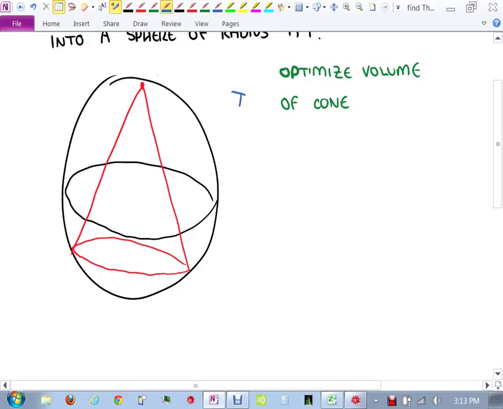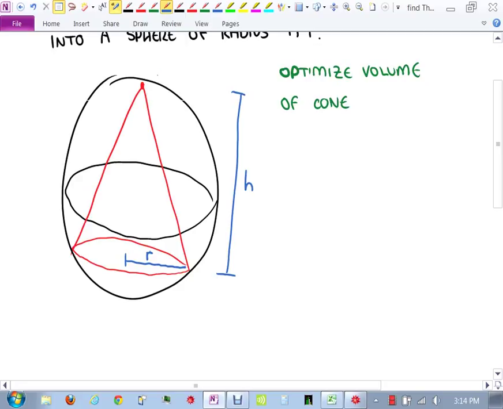So that cone has a height to it, doesn't it? The cone has a height. I'll call it H. And that cone has a radius to it, which I'll call R. And do you agree that depending on how I design the cone, the height will be different and the radius will be different, right? None of those are fixed as I change the shape of the cone in there.